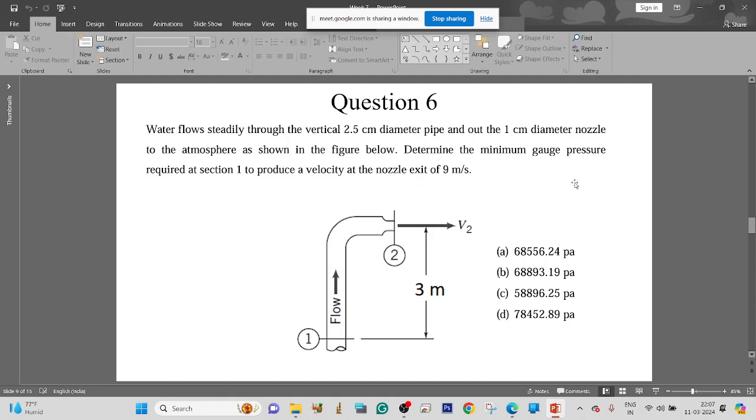Determine the minimum gauge pressure required at section 1 to produce a velocity at the nozzle of 9 meter per second. You can solve it, right? Doing, ma'am. Yeah, sure.